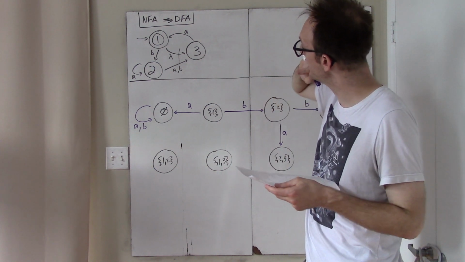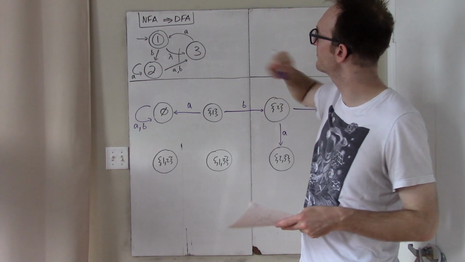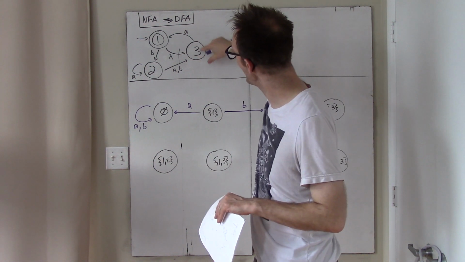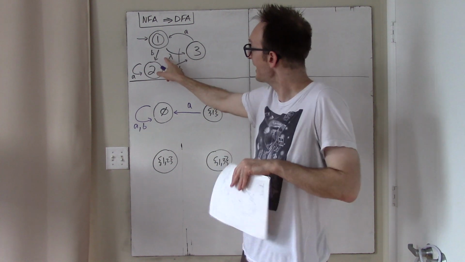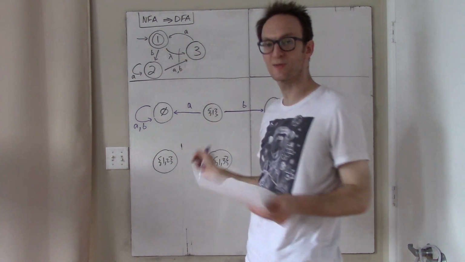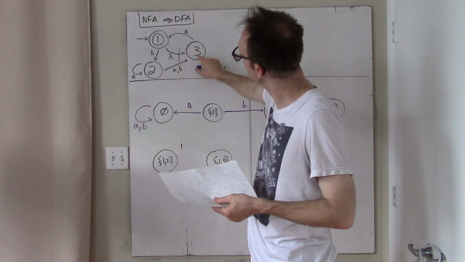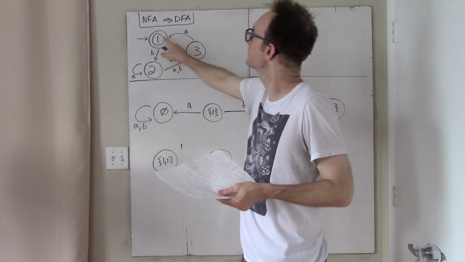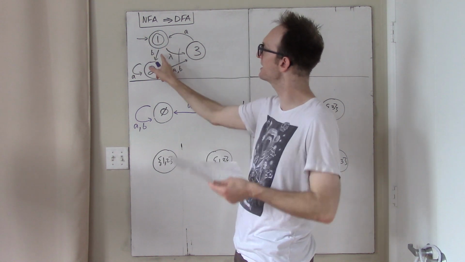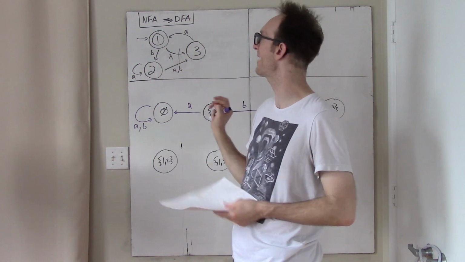Okay, but here is our first kind of a thing. Because if I read an A and I'm in state 3, I go to state 1. But as soon as I go to state 1, this lambda transition sends me also to state 3. And so from state 3, I automatically go to state 1, but I never just stay in state 1. I lambda transition immediately back to 3 again.